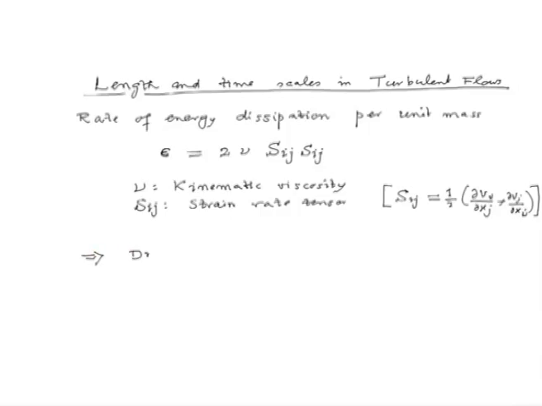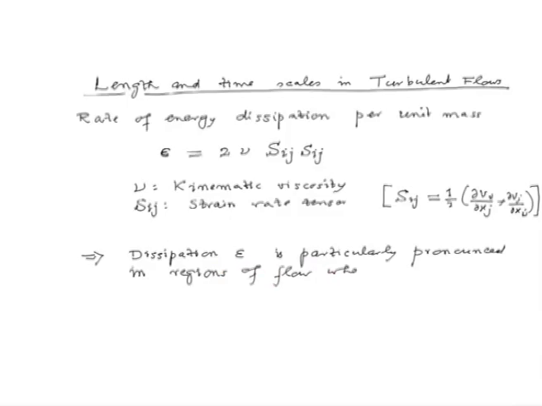So, dissipation is particularly pronounced in those regions of flow where velocity gradient is large.